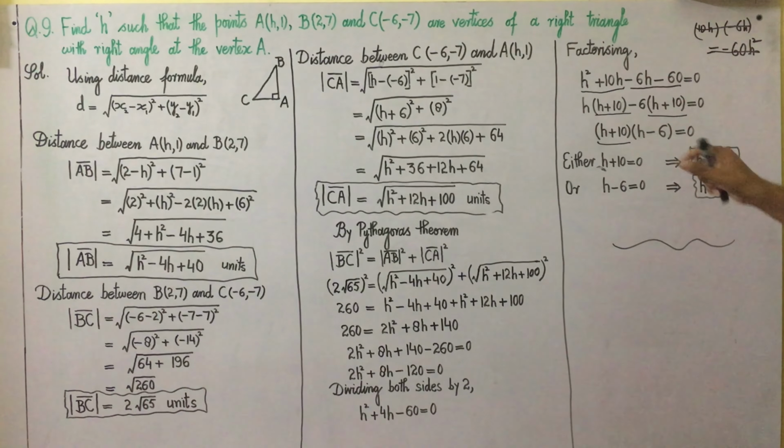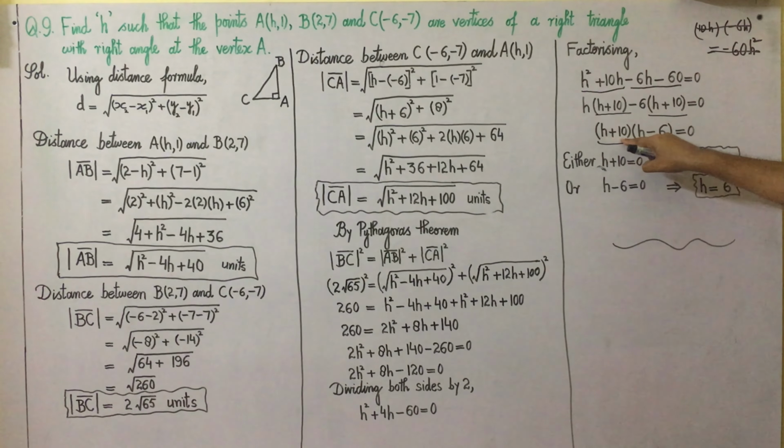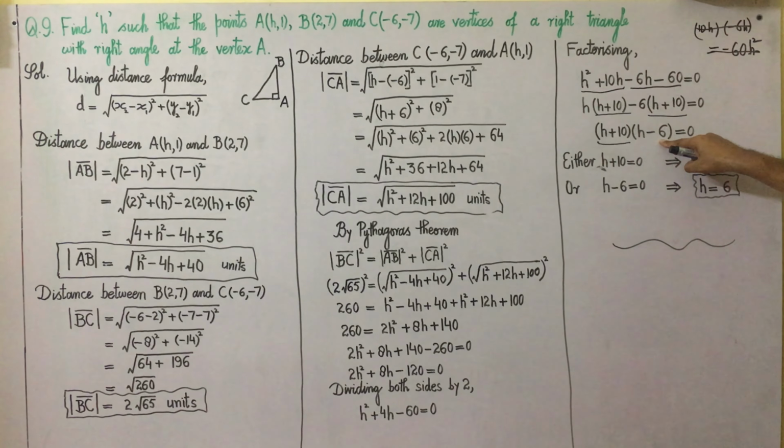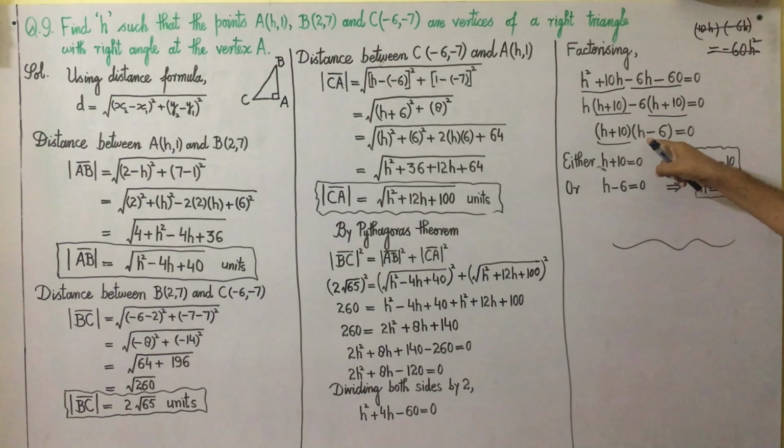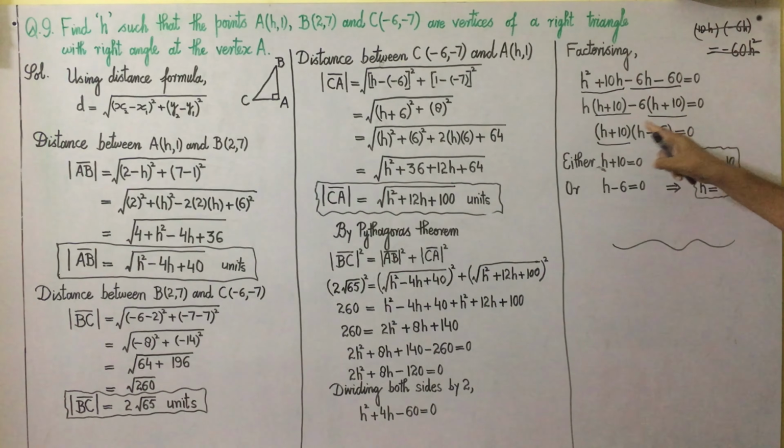Since product of two linear factors is 0, this is only possible if either of the two factors is 0, either this is 0 or this is 0 or both are 0.